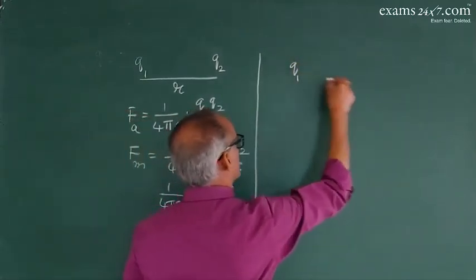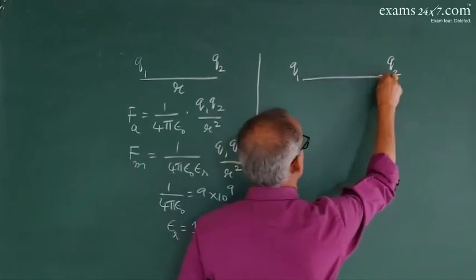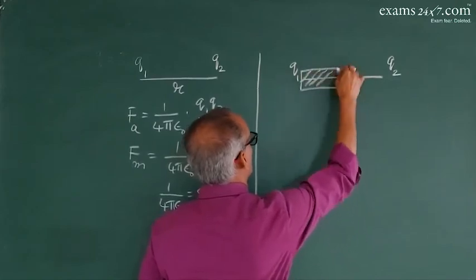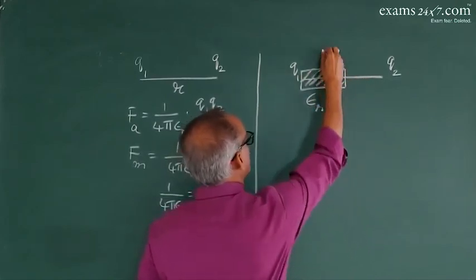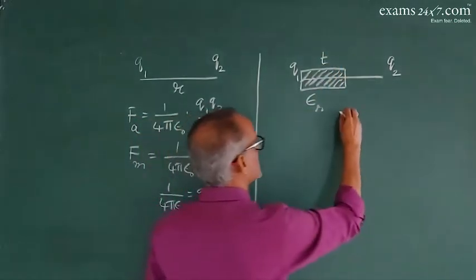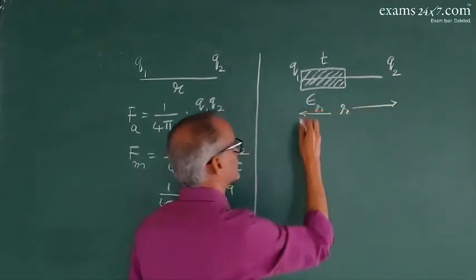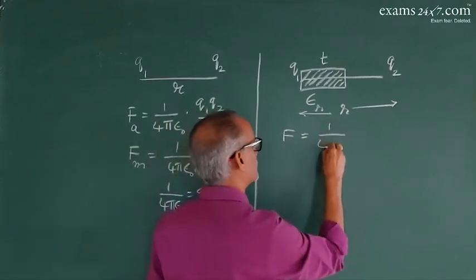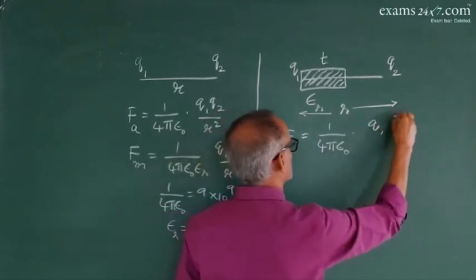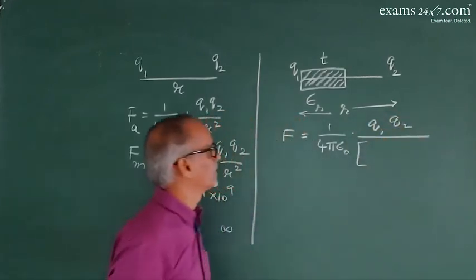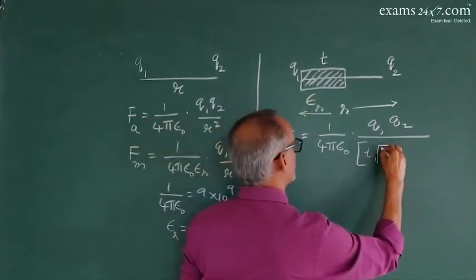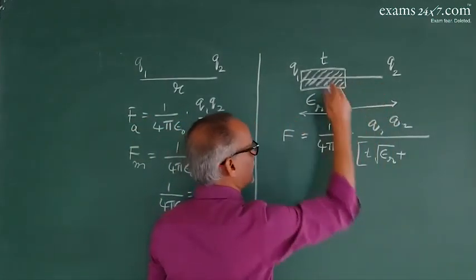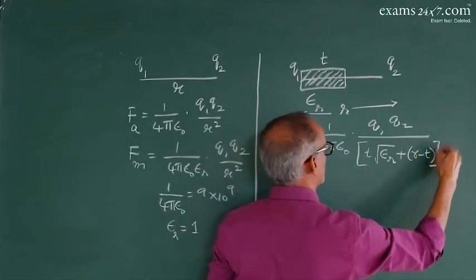If part of the space is filled with a dielectric medium of dielectric constant epsilon r having thickness t, and if r is the separation between the two charges, then the force between the two charges is given by 1 by 4 pi epsilon naught, product of the charges Q1 Q2, divided by the thickness of the dielectric medium t, divided by the square root of the dielectric constant epsilon r, plus the thickness of the air space, which is r minus t, the whole square.